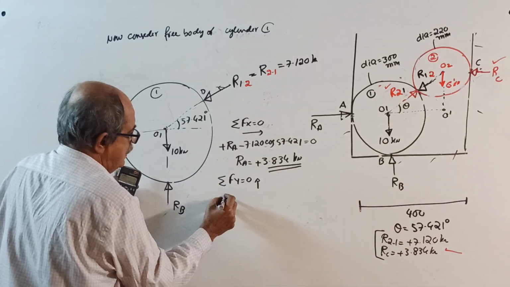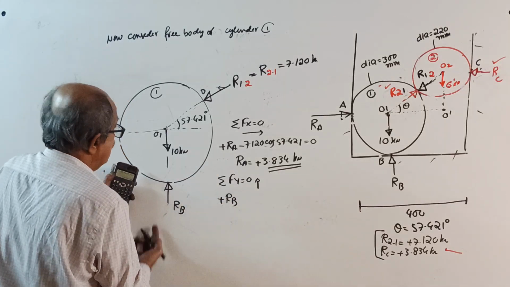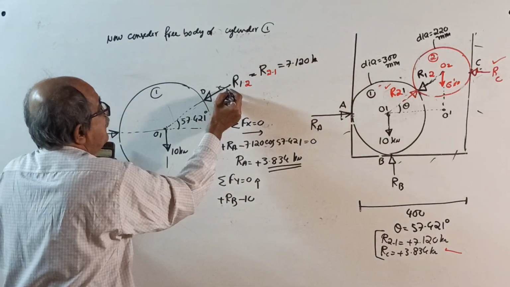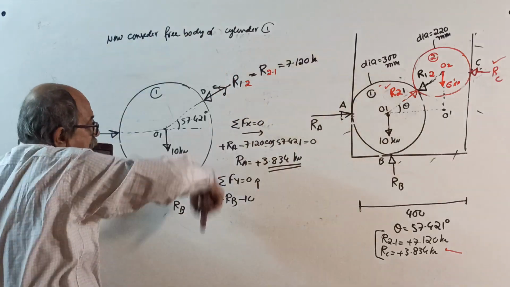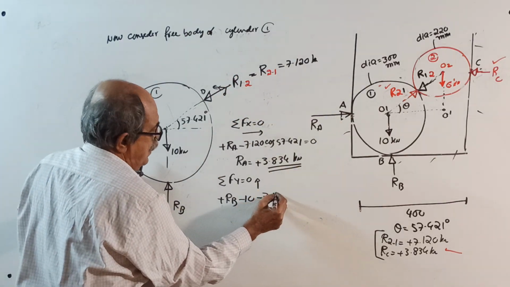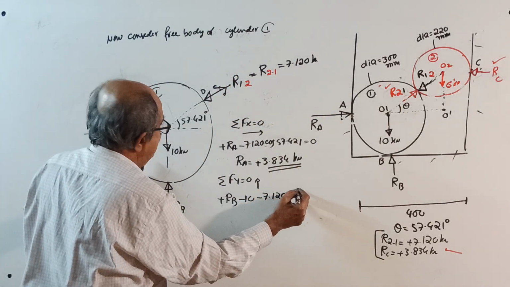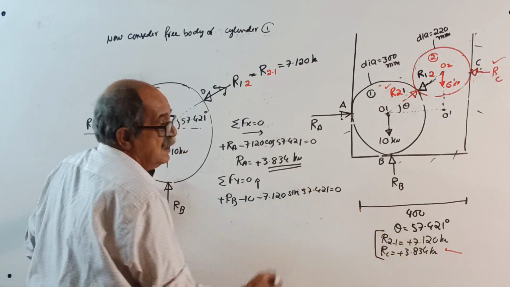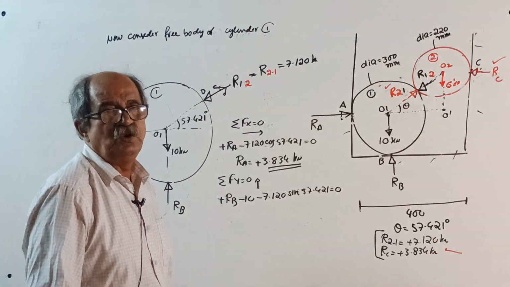plus RB minus 10, this is not there, then see, minus 7.120 into sine of 57.421. These all I will not explain. Somebody may ask, sir, why sine cos? Don't come to my class.